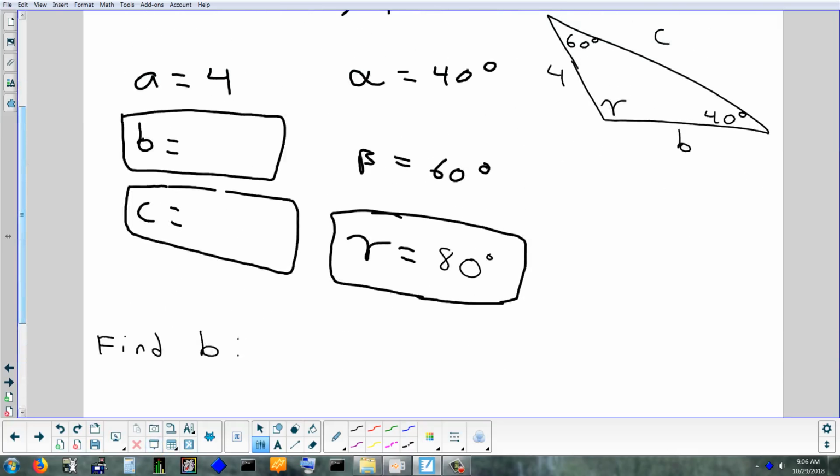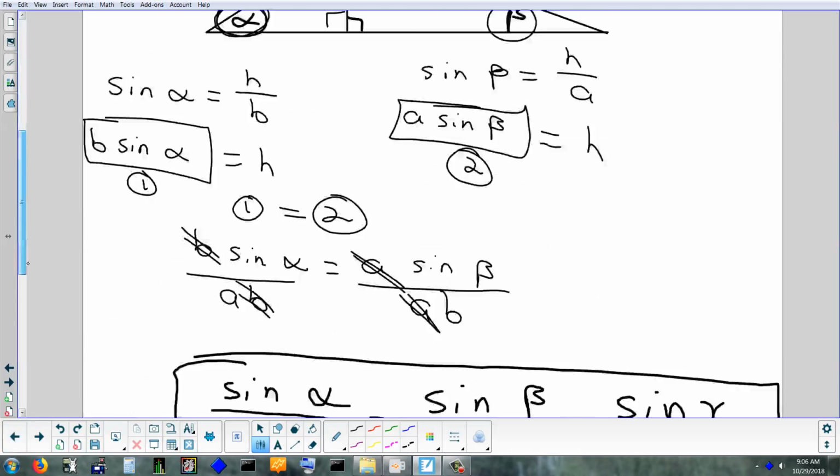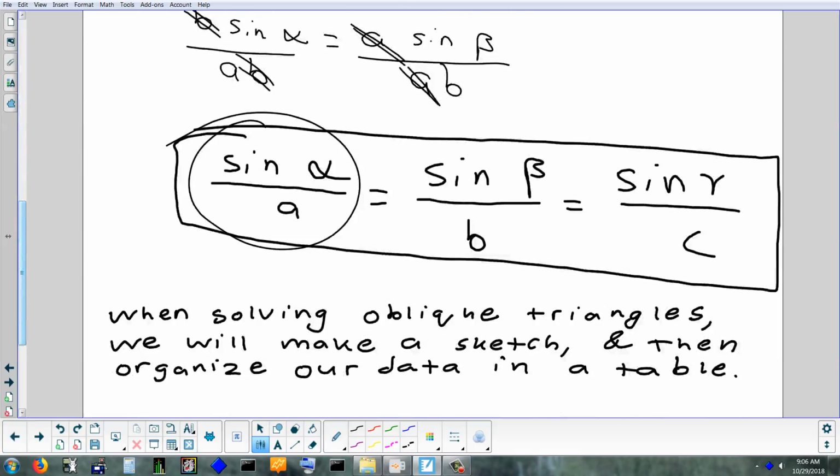When you use law of sines, you always have to pick a row that has everything in it. The only row that I have that has everything in it is the top row. Alpha is 40 and A is 4. So fill those two pieces of information into that part of the formula.